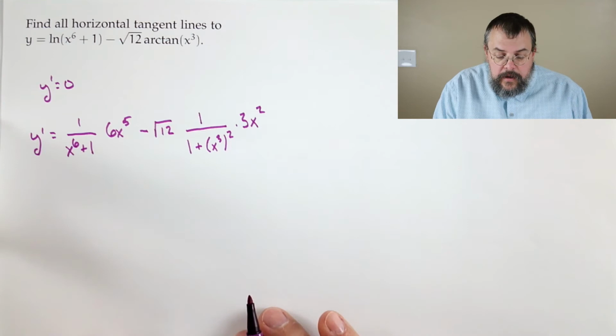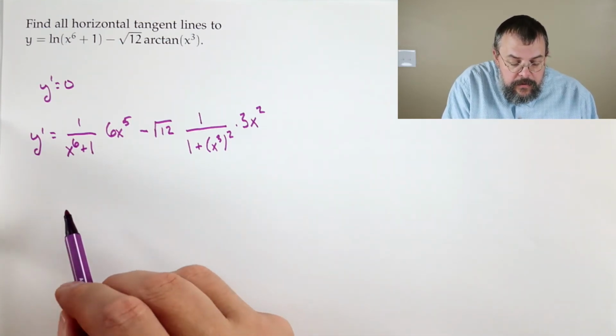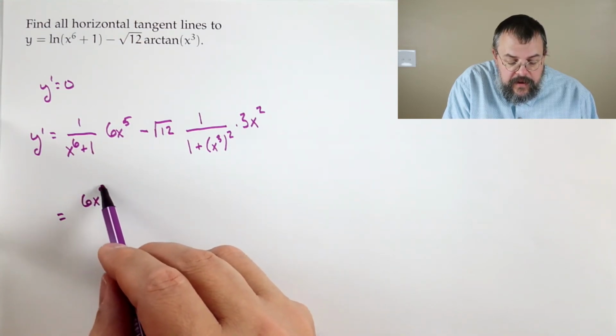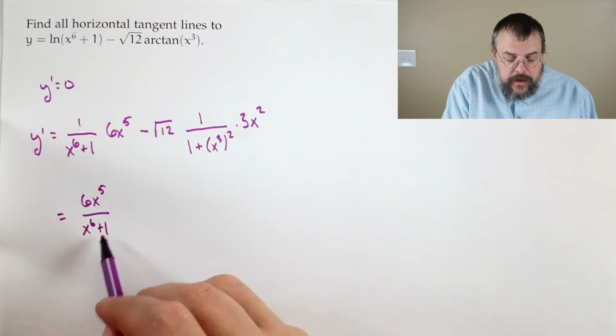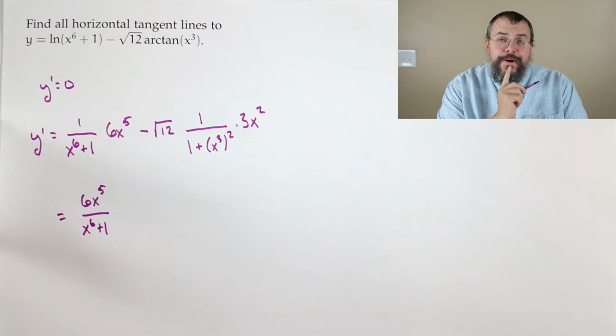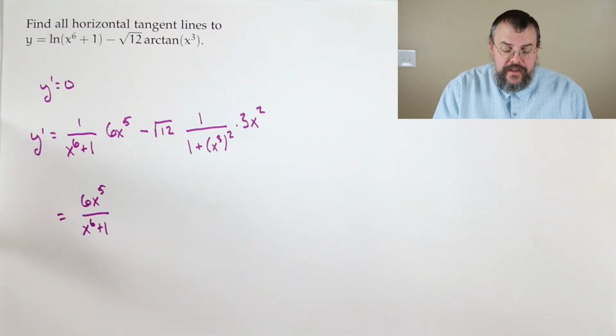Okay, well, let's see. Interesting. So what do we see? Well, we can write this as 6x to the 5th over x to the 6th plus 1. Now, if we think about square root of 12, what's true about square root of 12? Well, square root of 12 has a square in it, right? 12 is 4 times 3.